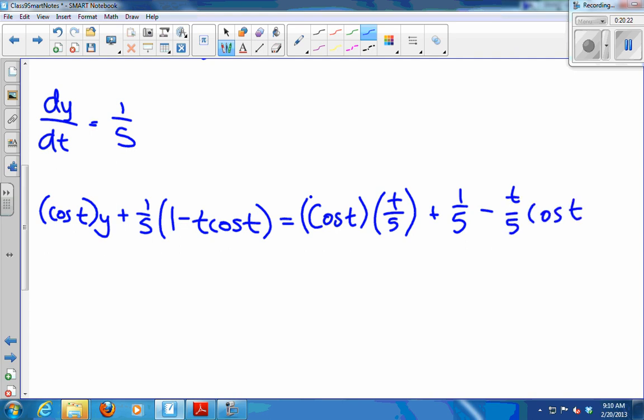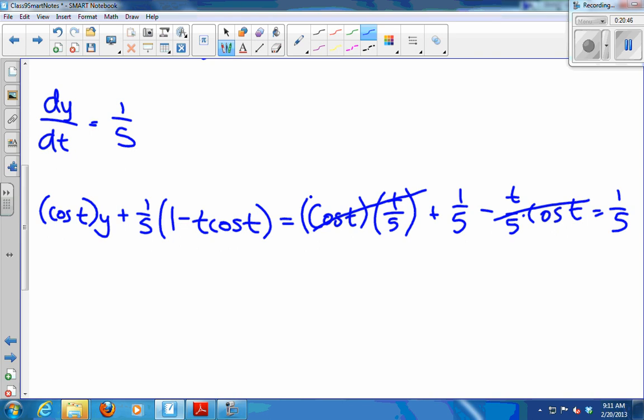And oh, yay, look at that. Cosine t times t over 5 minus t over 5 times cosine t, those are the same. They cancel, and I get 1/5. So 1/5 equals 1/5. The left side equals the right side, and I now have verified that t over 5 is a solution.